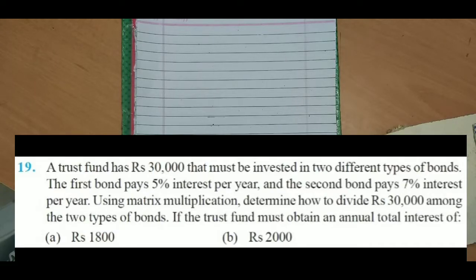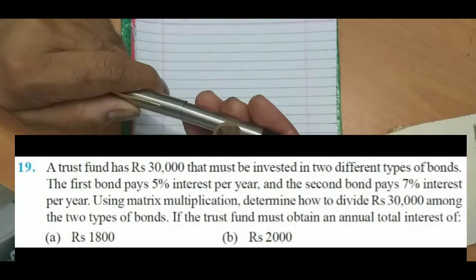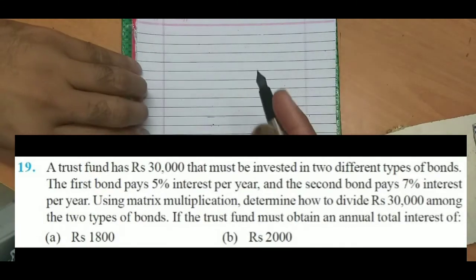Using matrix multiplication, determine how to divide rupees 30,000 among the two types of bonds, if the trust fund must obtain an annual total interest of part number 1 rupees 1800 and part number 2 rupees 2000. This question is actually an application of matrices, how the interest calculation and the trust bond must be divided into two by this application of matrix.